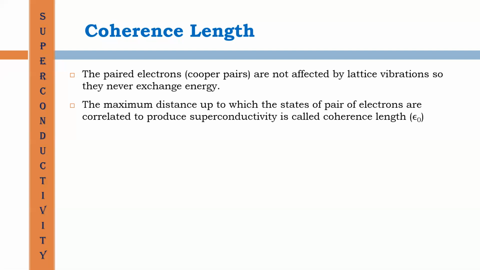The maximum distance up to which the state of a pair of electrons is correlated to produce superconductivity is called the coherence length, or the length up to which the Cooper pair can move without disruption.